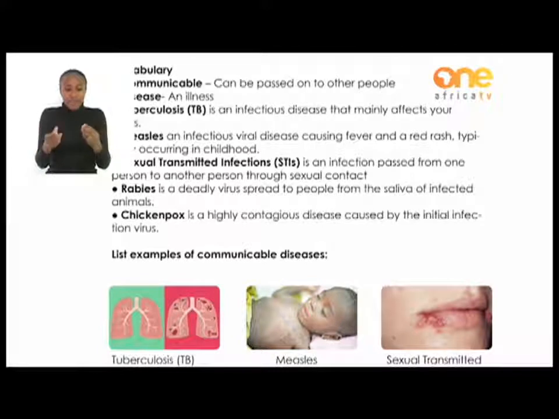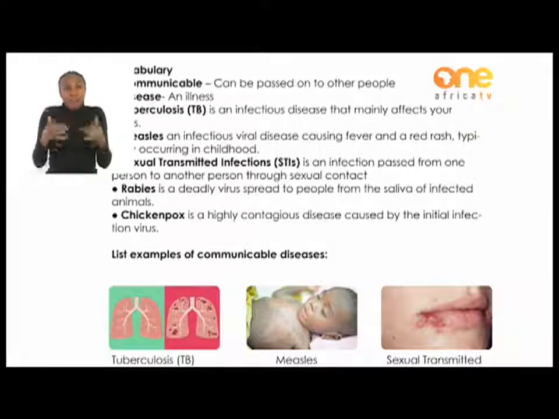Sexual transmitted infections, which is STIs, is an infection passed from one person to another person through sexual contact. Rabies is a deadly virus spread to people from the saliva of infected animals. And lastly, chickenpox is a highly contagious disease caused by the initial infection virus.